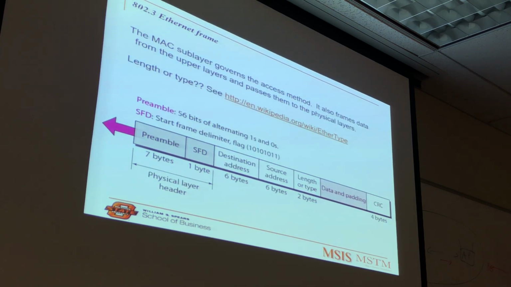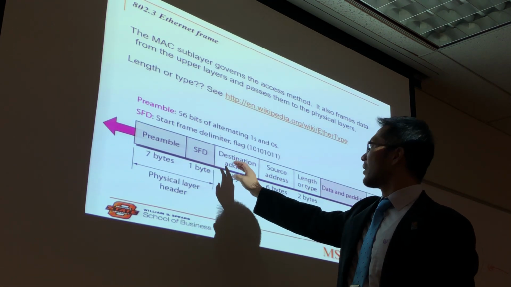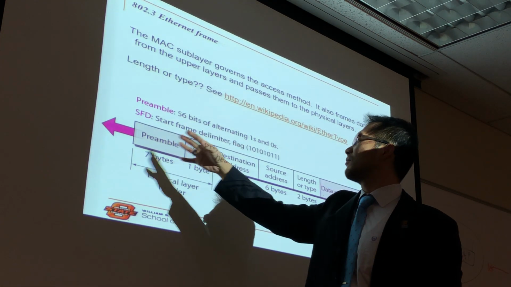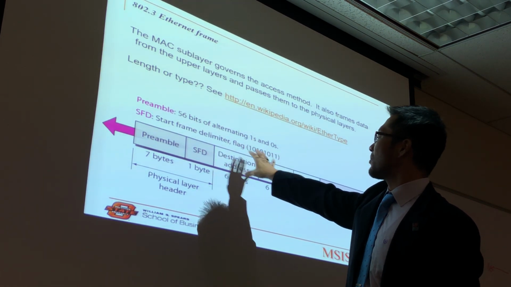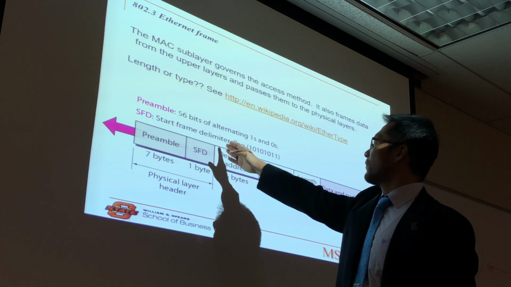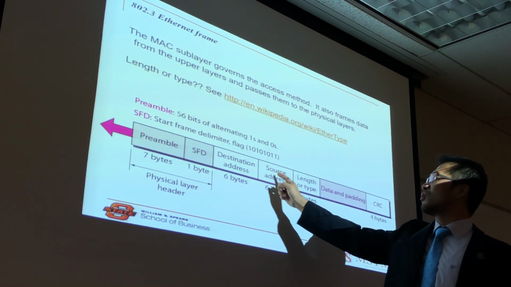And this is the frame structure that never changed in the past 4 decades. So you have the preamble, and this gray part is still not a part of the official frame structure. The very first field in the header is the destination address, and then the source address.